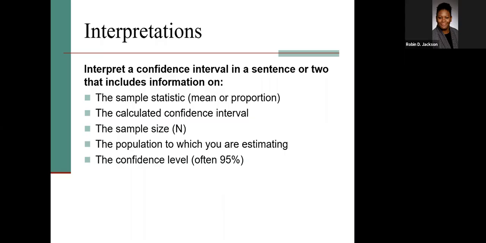You need to let the readers know about the sample size, the interval itself, refer back to the population that you are estimating, and then you definitely need to include information about the confidence level, the 95%, the 90%, whatever it is.